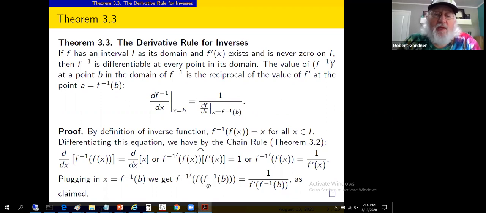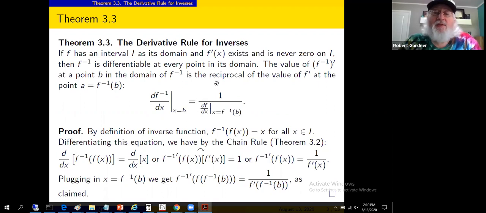So this is the derivative of the inverse evaluated at b. And on the right-hand side, we're again plugging in x equals f inverse of b for x. So we get 1 over f prime of f inverse of b, which is what the theorem says. You get 1 over the derivative of the original function evaluated at f inverse of b.